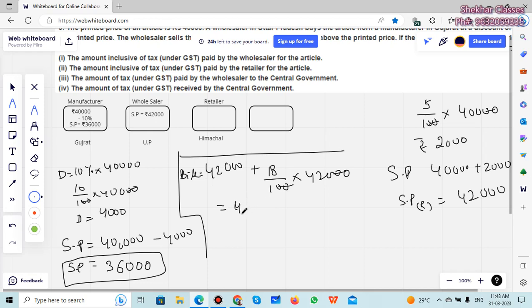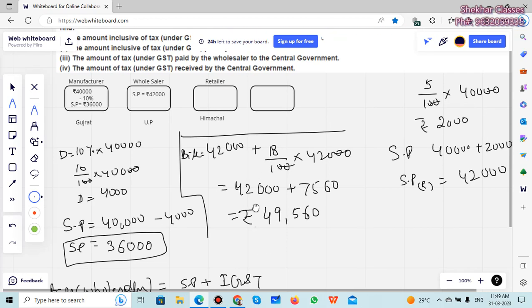So 42,000 plus 7,560, add it to 42,000. It will give you 49,560 rupees. So this is the bill for the retailer. Bill for the retailer is how much?